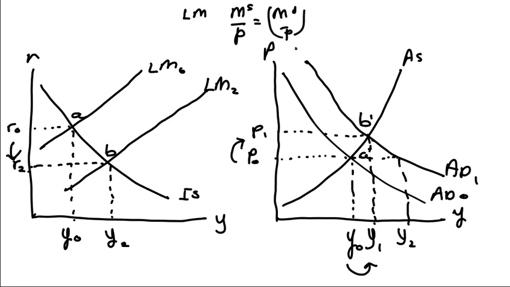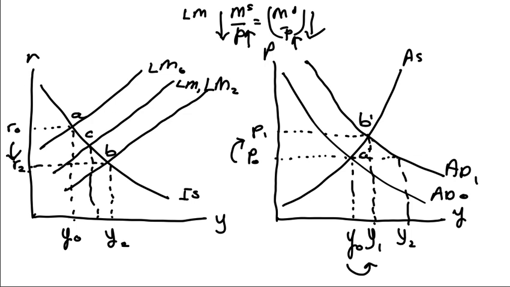So when price increases, it decreases the real money supply in LM. That means LM has to shift to the left from LM2 to LM1. Let's call this new equilibrium point as point C.